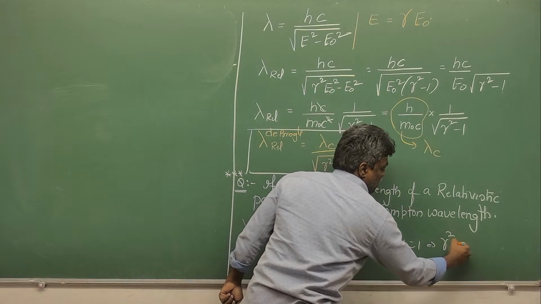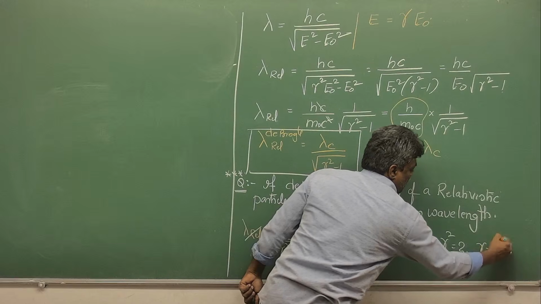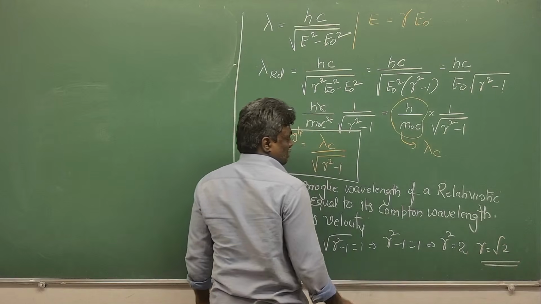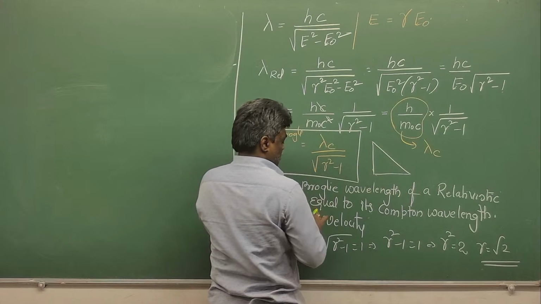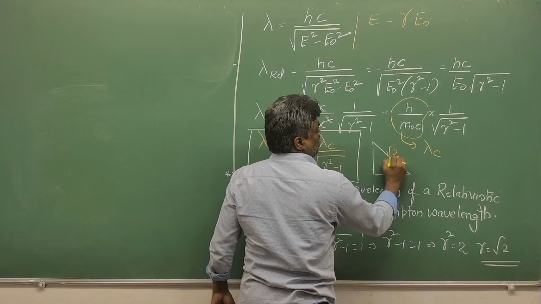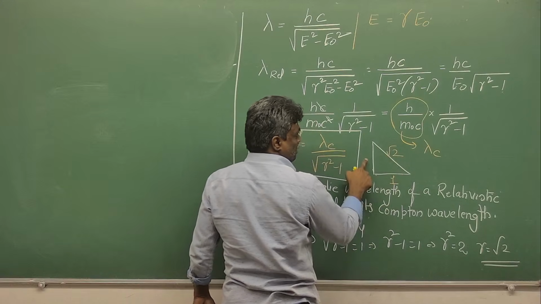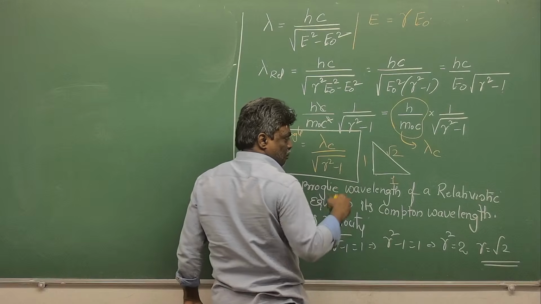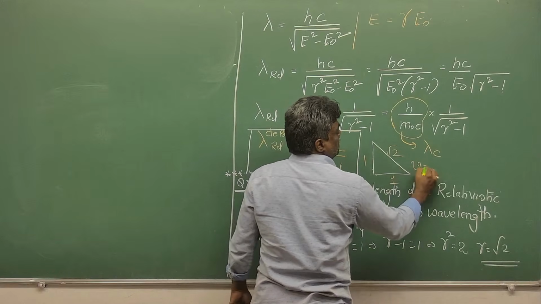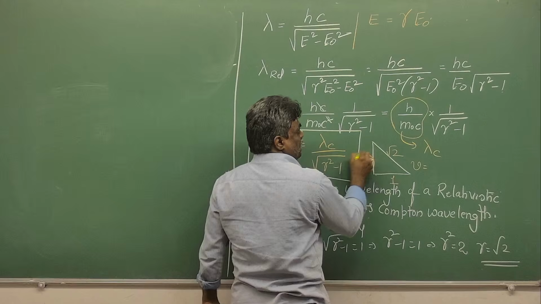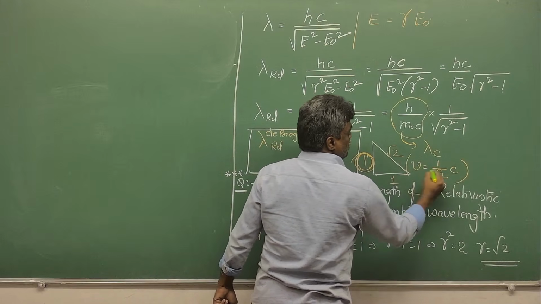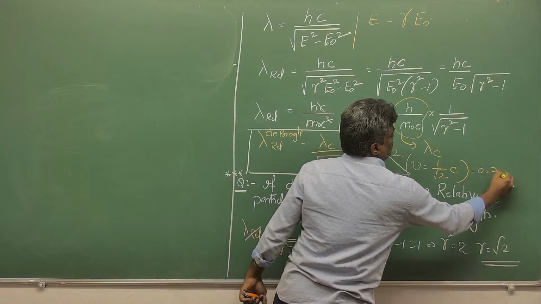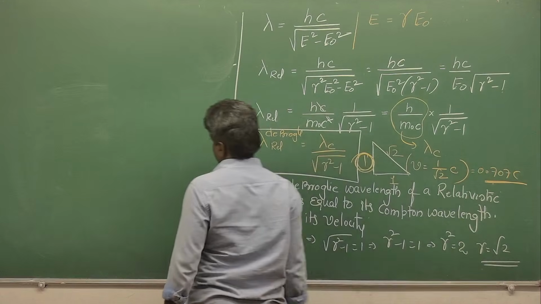Then gamma square equals 2, gamma equals root 2. Now take a right angle triangle. So here gamma root 2, another side 1. So this is 2 minus 1, 1. So velocity equals another side 1 by hypotenuse into c. This is 0.707 c.